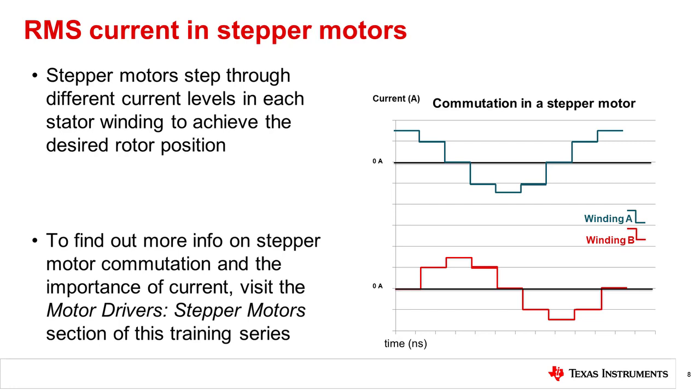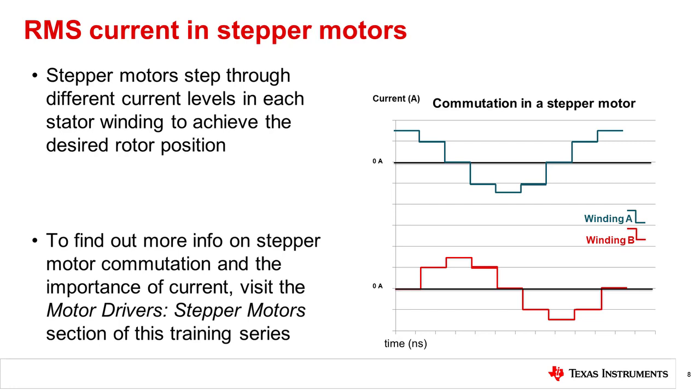Stepper motors are used many times in position control applications, and it is therefore necessary to move the rotor to a particular angle and hold that position. This is achieved by changing the current through the coil windings to create the necessary magnetic field between the coils to move the rotor to the appropriate position.